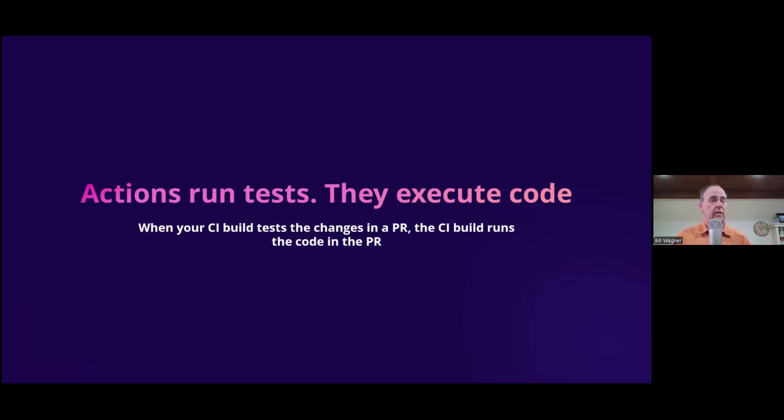So anybody who made a change could make some malicious change in that PR. And then when they check it in, if you don't have any safeguards, you are running their code in a container that your account owns, so that it has rights that you've configured into your account or your organization's account, depending on how your repo is configured.